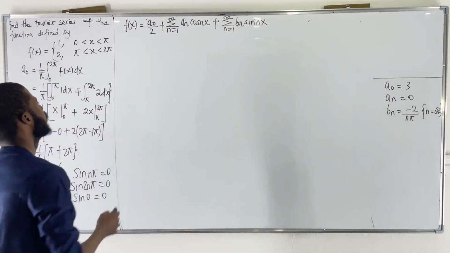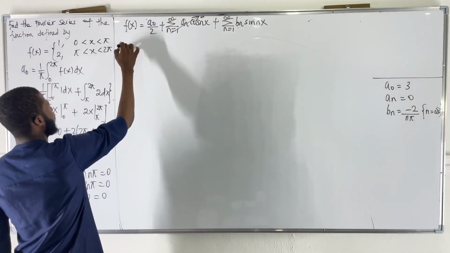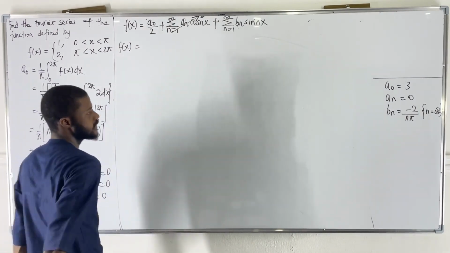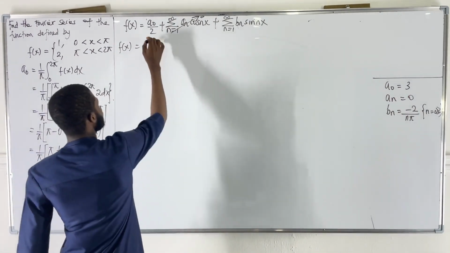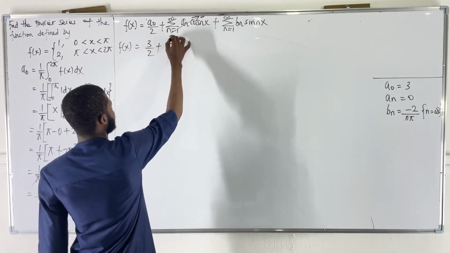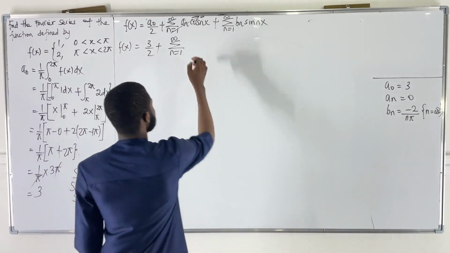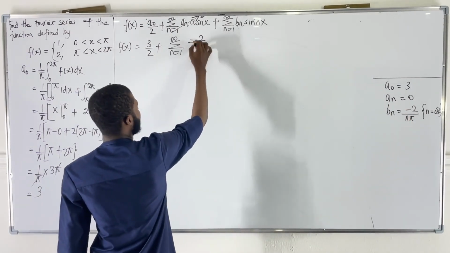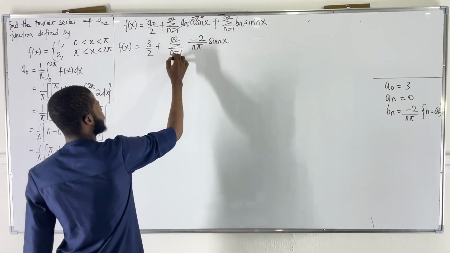Alright, so we know a sub n is 0, so this guy is gone. So f of x equals, a naught is 3, so this will be 3 over 2 plus the sum from n equal to 1 to infinity. Now b sub n is this, so this is minus 2 over n pi sine nx. But always remember that n must be odd.